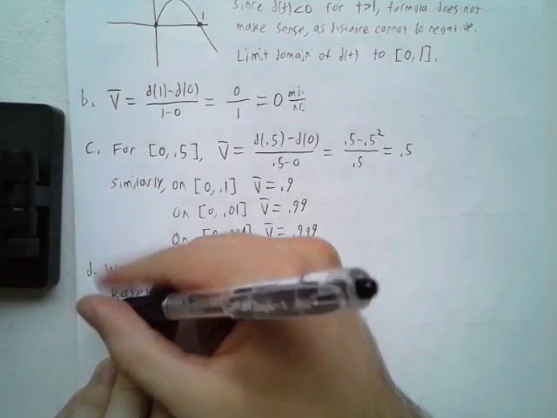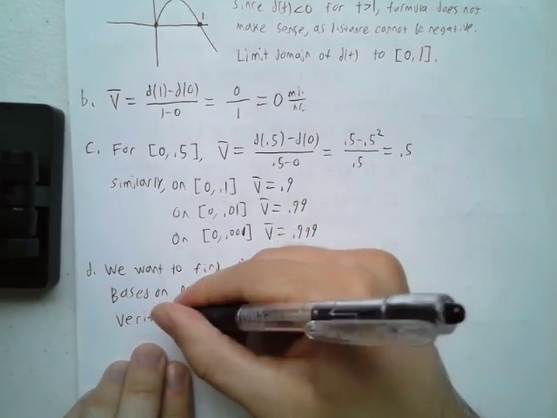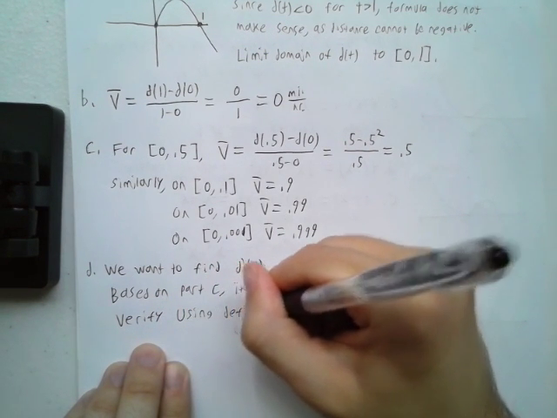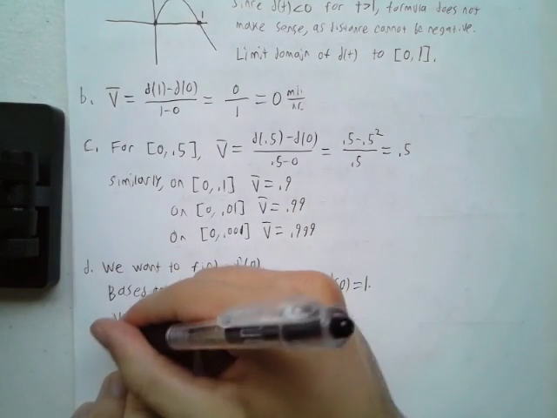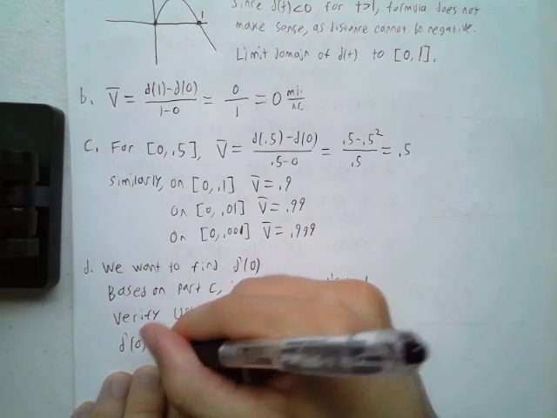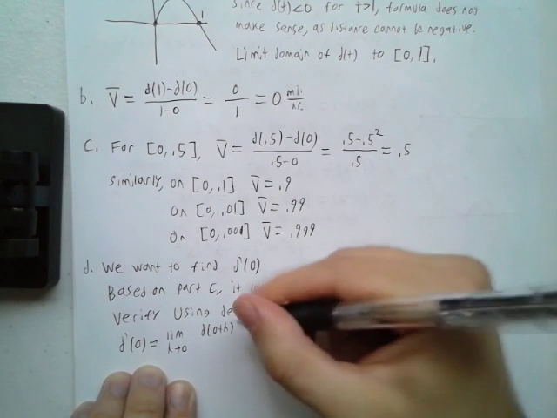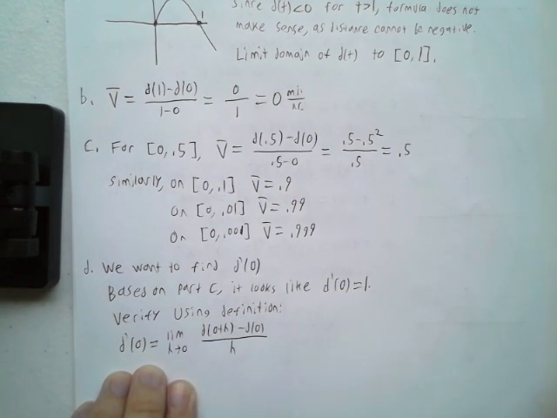But we can verify this if we use the definition of derivative at a point. So d prime of 0 is equal to the limit as h goes to 0, d of 0 plus h minus d of 0, all divided by h.